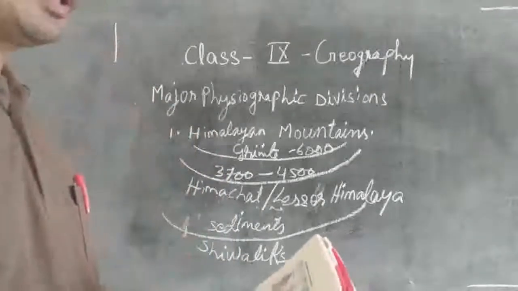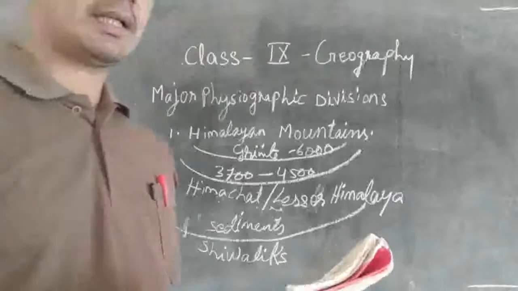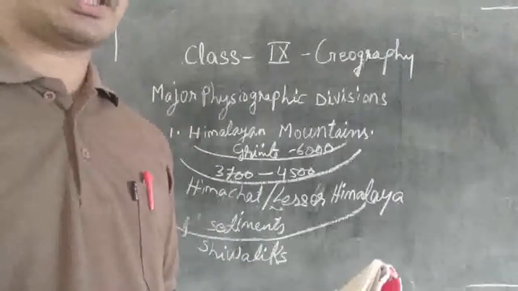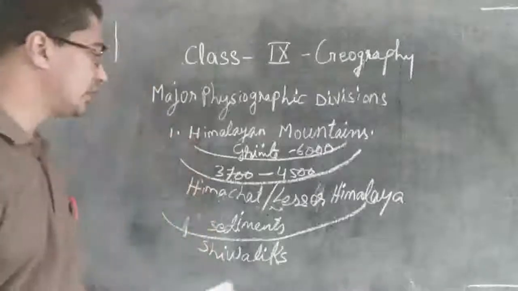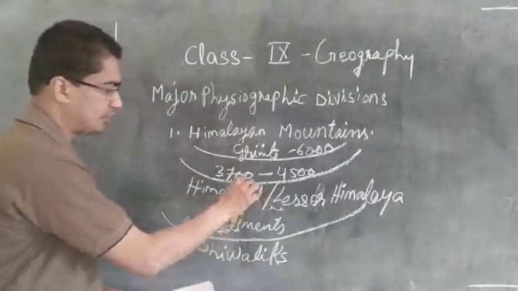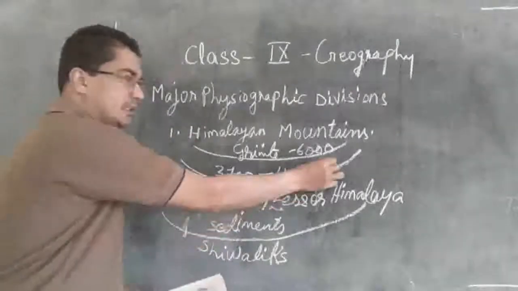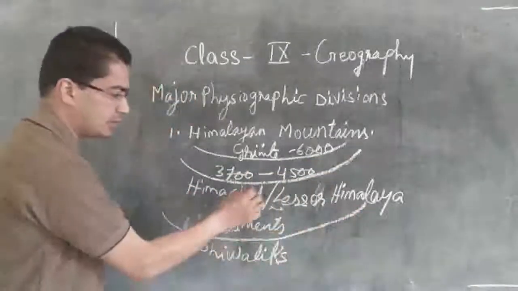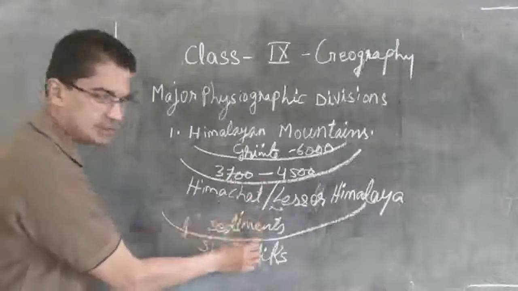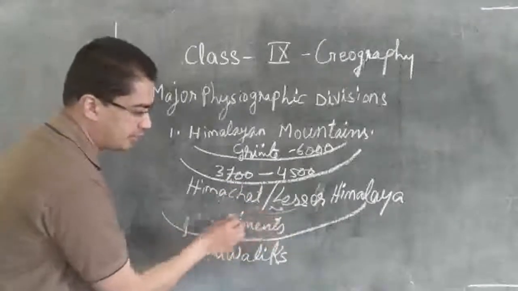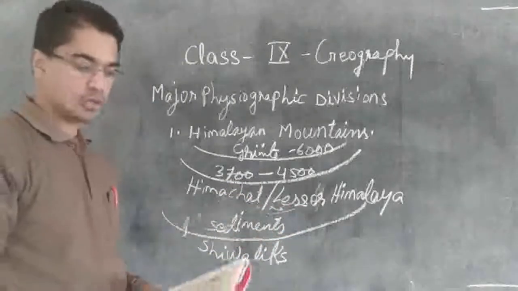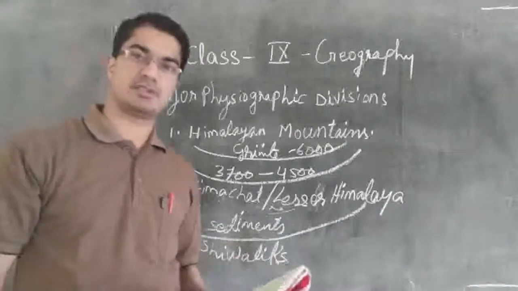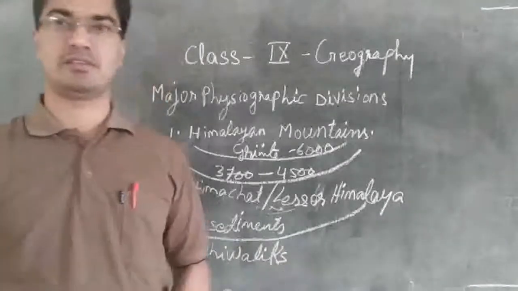And the longitudinal valleys lying between the Lesser Himalaya and the Shivaliks are known as dunes. So the valley that is between the Lesser Himalaya, that is the middle range, and the Shivaliks. So this is a high mountain and this is also a high mountain, and between them there is a valley. So those valleys are known as dunes.